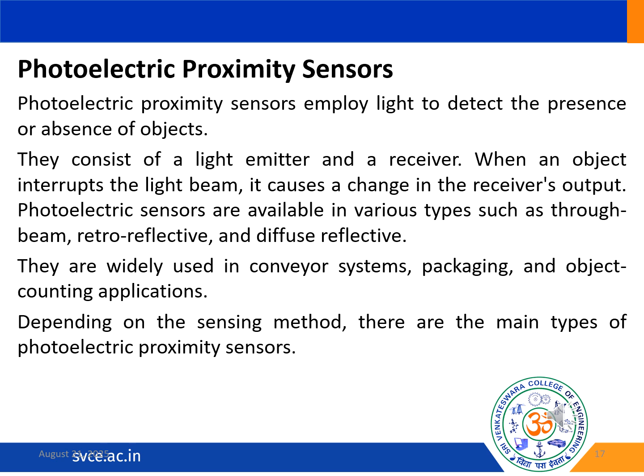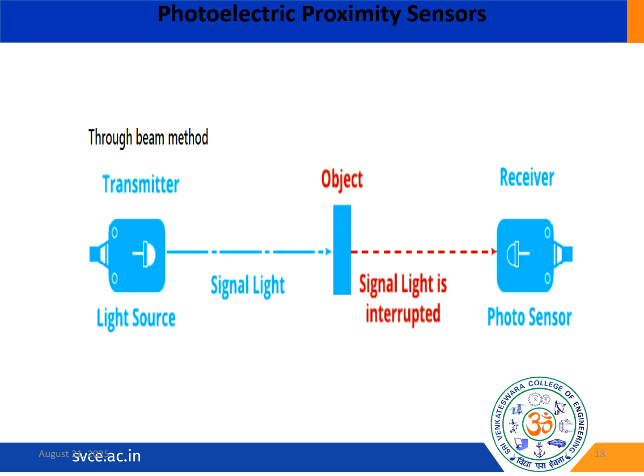Depending on the sensing method, there are main types of photoelectric proximity sensors. When you consider a photoelectric proximity sensor, this is the working. We have a light beam, right? In between it has an object.